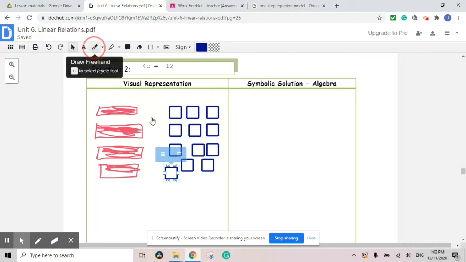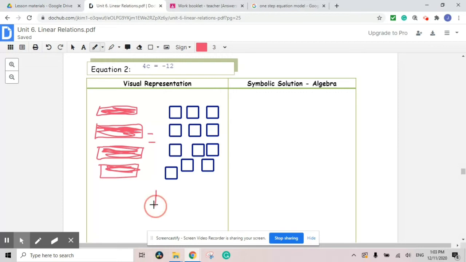You need to understand that according to our model, these two sides should be equal together. What's on the left side and what's on the right side should be equal. However, the big goal you need to have in your mind whenever we are solving any type of equation is that we need to isolate the variable. How can we make c equal to something, or x or y, depending on the question you have?